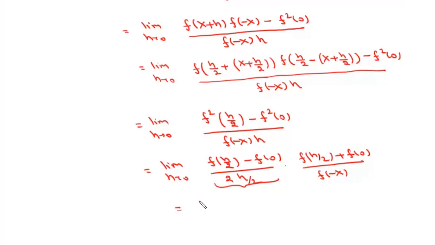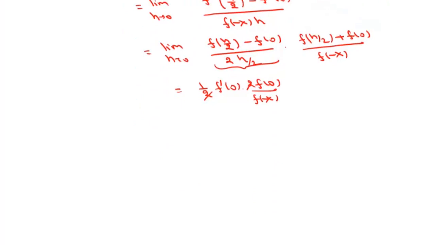So it is 1 by 2 f dash 0, and here it is 2 f(0) upon f(-x). Now this 2 and 2 will cancel. So now we have f dash x as f dash 0 into f(0) upon f(-x).